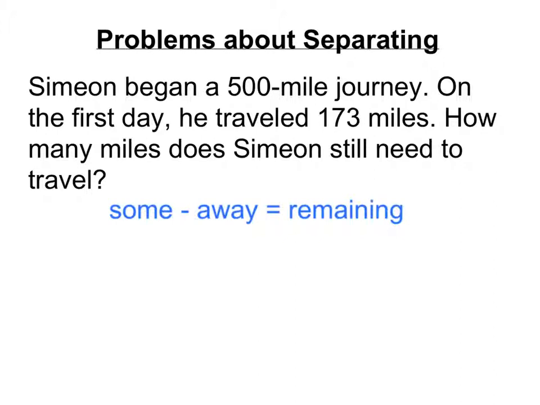So it's a 500-mile journey, so that's the something I'm starting with. So 500 minus, and then the amount that I'm taking away, or the amount that's already been taken care of, well, he's already taken care of 173 of those miles.